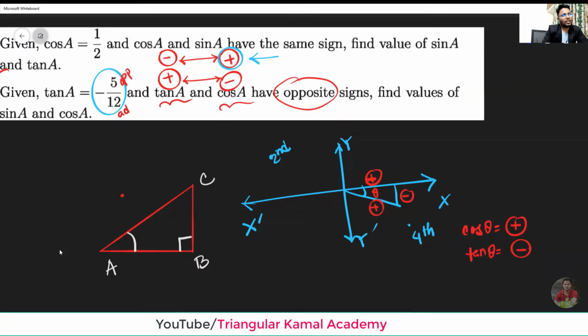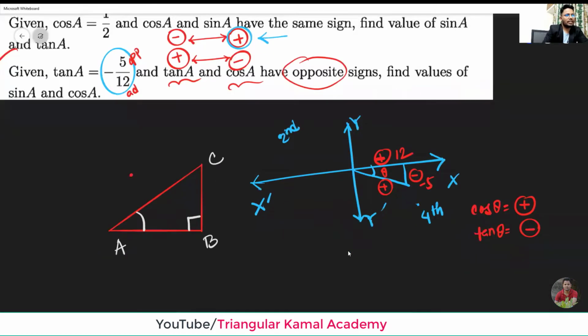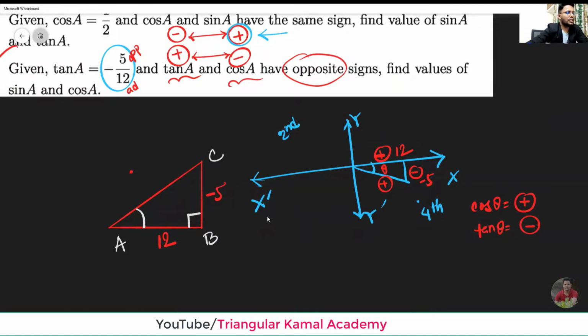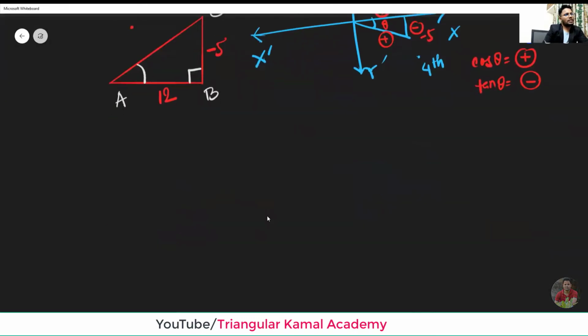So in the fourth quadrant, opposite is negative and adjacent is positive. So definitely this one will be the positive 12, and this is negative 5. Here we can write the adjacent side is 12, and the opposite side is minus 5 in the fourth quadrant. Now by using Pythagoras' theorem, we can find the hypotenuse AC.